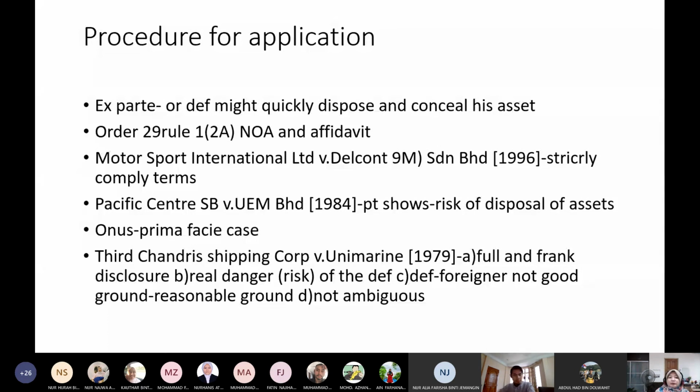Number 3, there must be reasonable grounds for believing the defendant will do that. The fact that the defendant is a foreigner is not a good ground yet. Number 4, the terms must not be ambiguous. That is how you apply for a Mariva injunction.